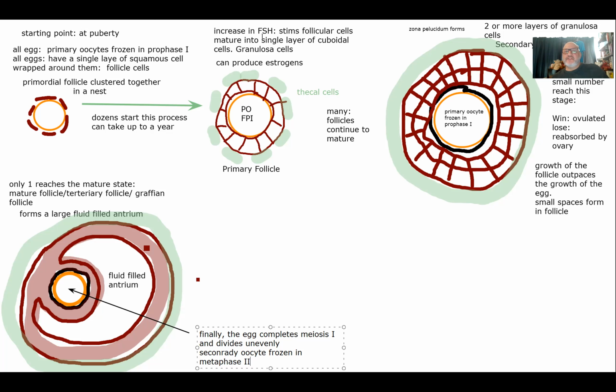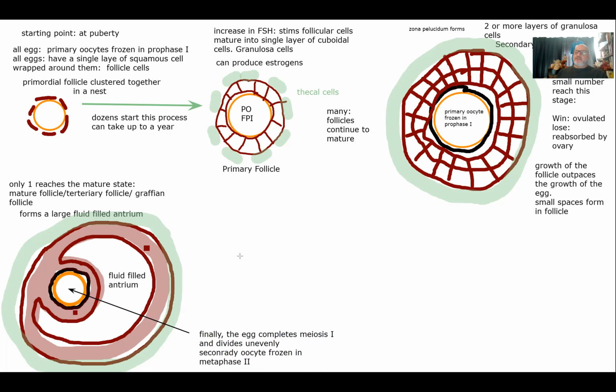The other big difference is a vocabulary thing. As we know, anatomists love to give names to things. Notice this cell that we drew right there is a granulosa cell. Well, guess what? We also have a granulosa cell right here as well.